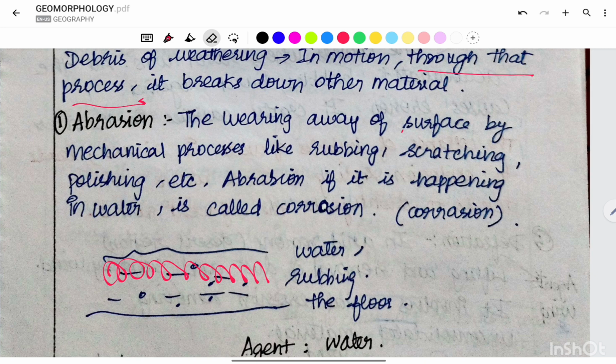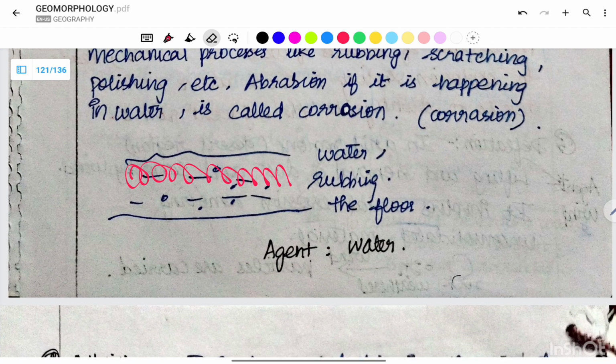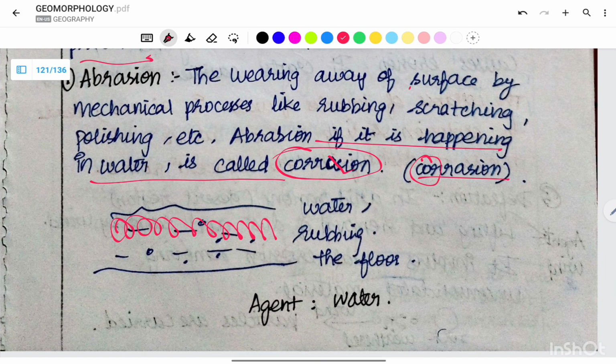Now, if abrasion is taking place in the water, we call it corrasion. This weathering is happening due to mechanical processes.